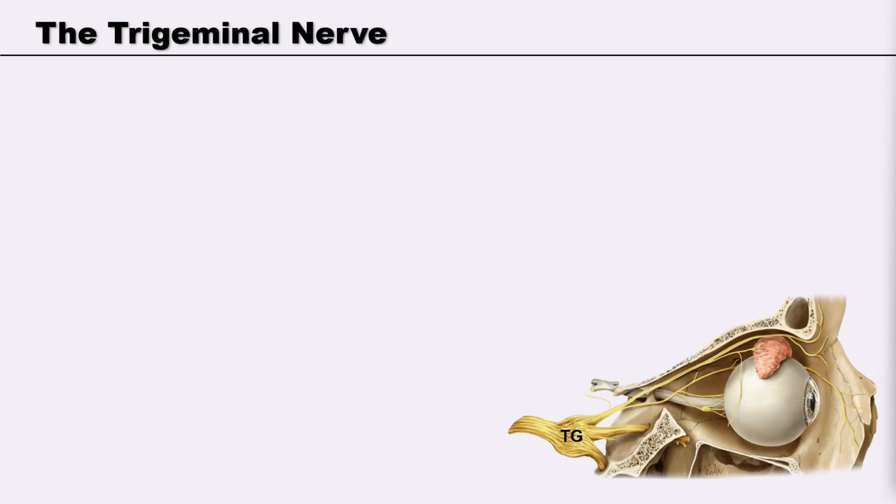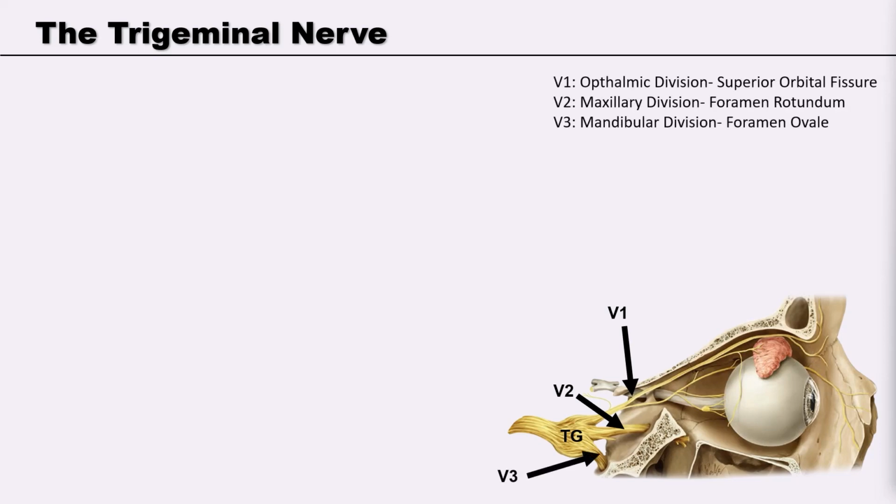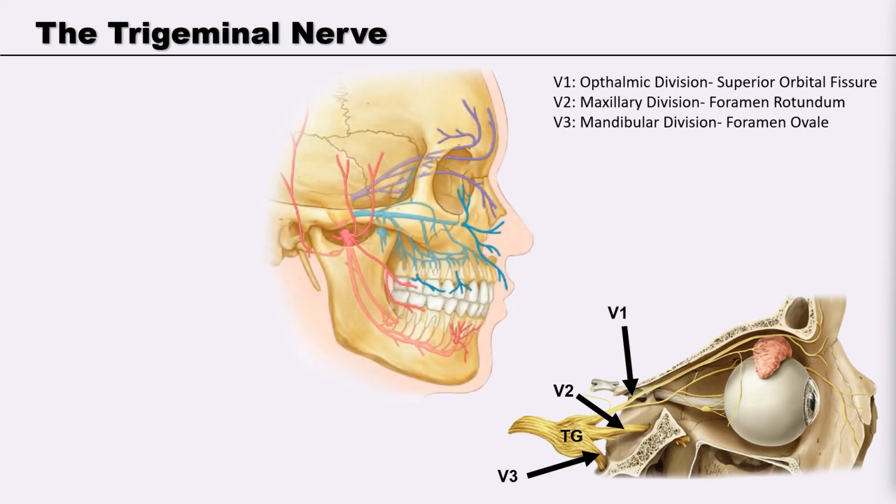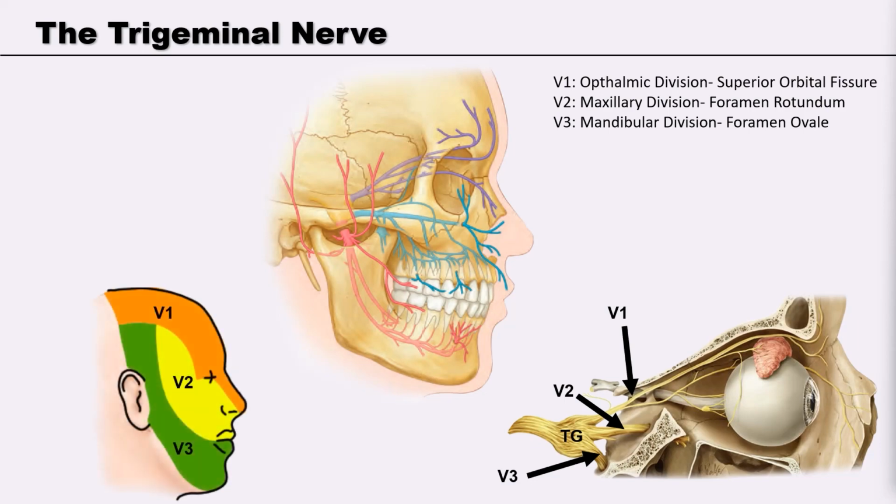It has 3 branches, the ophthalmic, the maxillary, and the mandibular, that exit the cranium through the superior orbital fissure, the foramen rotundum, and the foramen ovale, respectively. They all move forwards from the ganglion to innervate the teeth and the skin of the face. This is in a very similar pattern to that we saw for the dermatomes of the body.